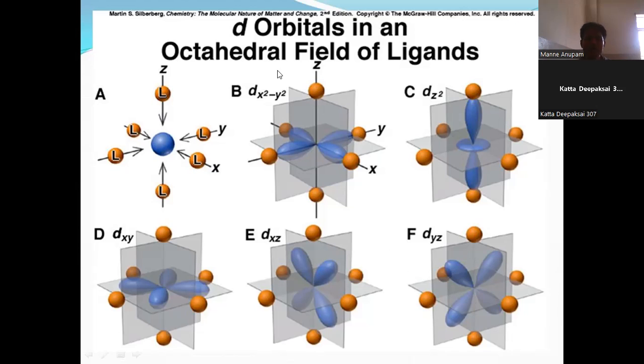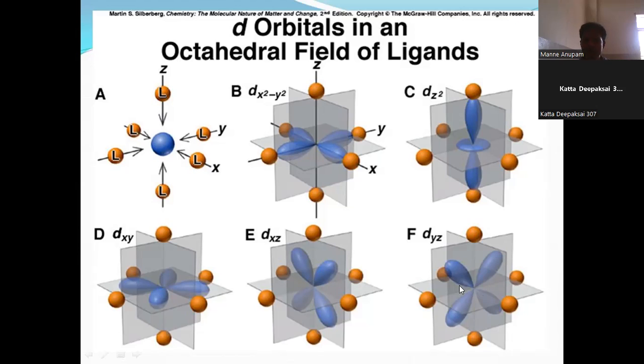Okay, here we can see that the orbitals present on the axis, dx square minus y square, are influenced more by the ligand. Here dz square is present directly on the approach of the ligand, so it is influenced more by the ligand. Here dxy is present in between the x and y axis and is not influenced by the ligand. Here dxz is present in between the axis, not much influenced by the ligand.